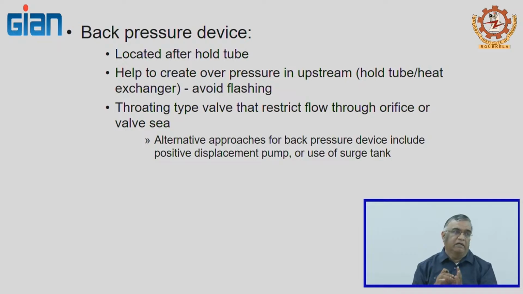This is where a back pressure valve comes in. With a back pressure valve you add additional pressure to the holding tube, so that it increases the pressure within the tube. When you increase that, your liquid remains a liquid, but at a higher temperature. It may be at 130, 140 Celsius, but it flows as a liquid.